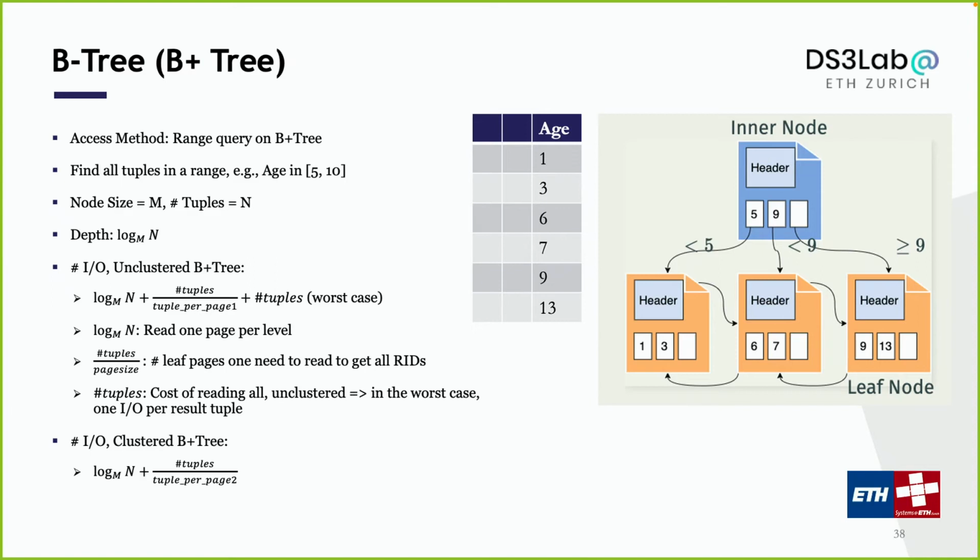So the beauty of a database system is that this is not something the user should worry about. Next week or the week after, we are going to talk about something called cardinality estimation, where the database tries to estimate how many tuples you are expecting, and then reasons about all of this cost. So at this moment, it's very important to get on the same page about those cost models. And then down the road, we are going to think about how the database automatically picks the best strategy using those cost models.